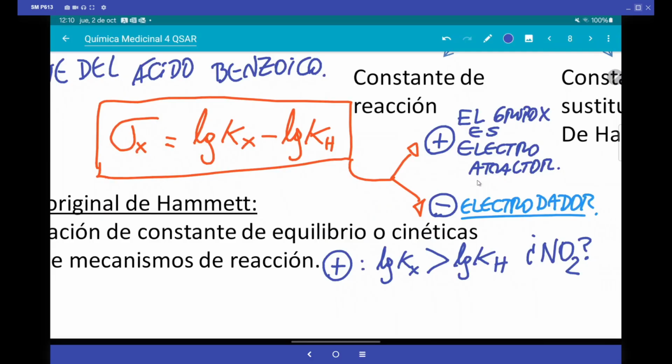Is a nitro group connected to the benzene an electron attractor? Yes. So a nitro group could be the one that causes this effect. A nitro group has a positive sigma value.